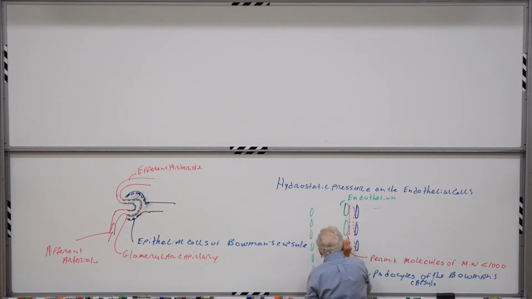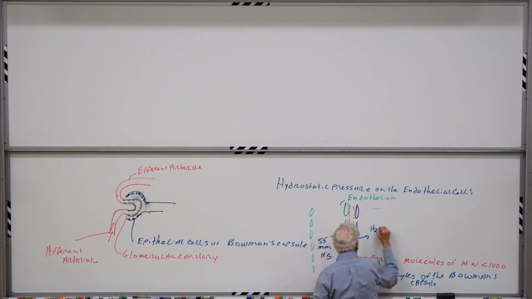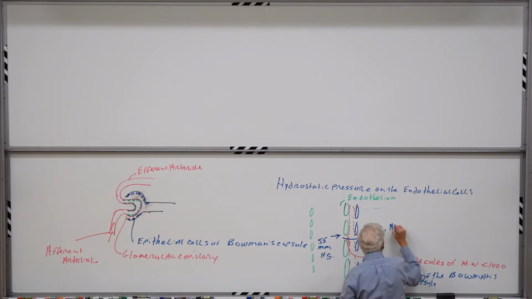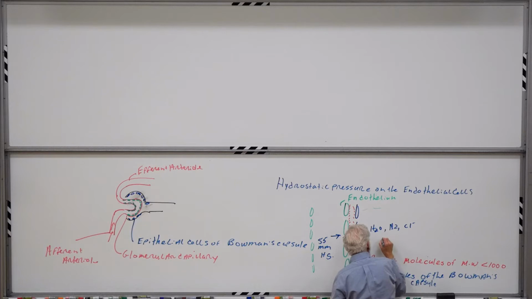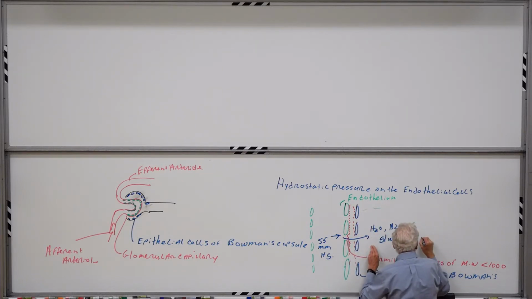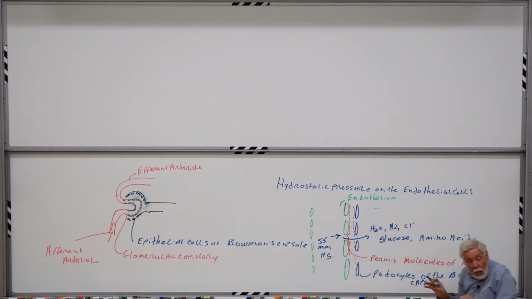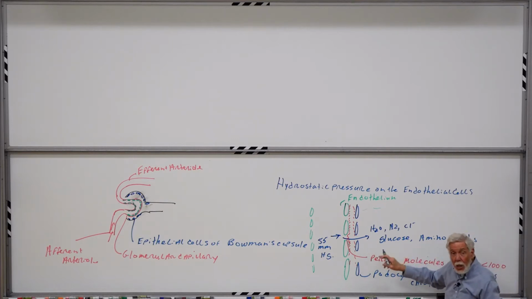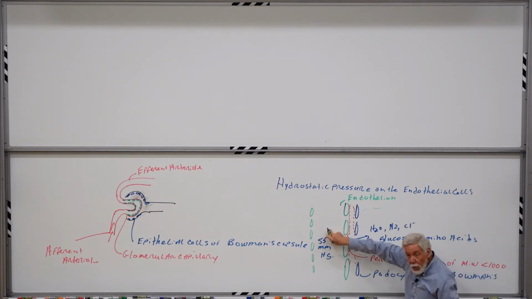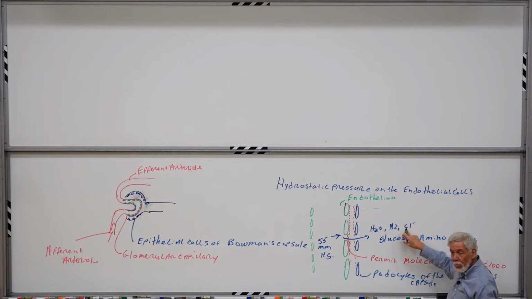And so now molecules, particularly water and sodium and chloride and glucose and amino acids. Any component of blood that has a molecular weight less than 1,000 is going to move out of this compartment into this compartment.